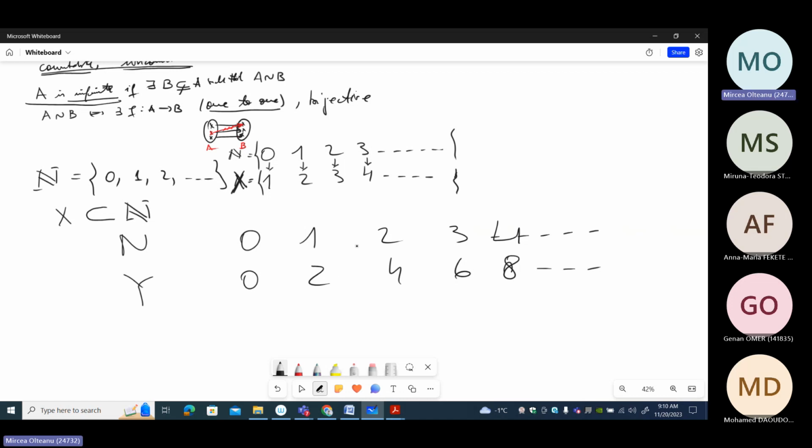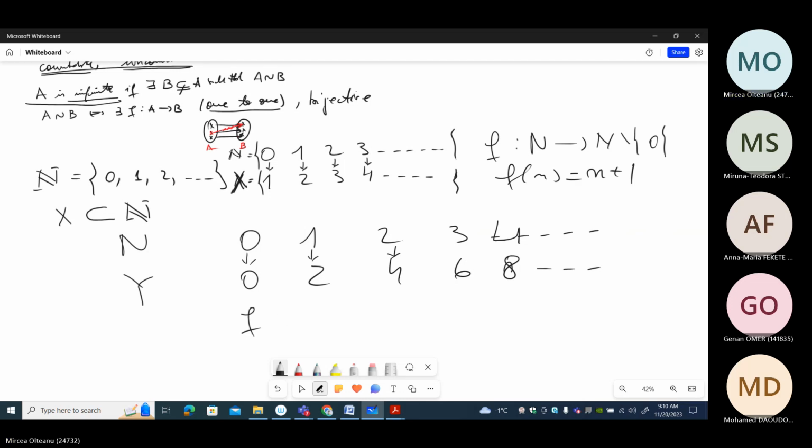So there are as many even numbers as natural numbers, because this is a one-to-one map. If you want a formula, here the formula is given by f(n) = n + 1. And here the formula is f(n) = 2n.